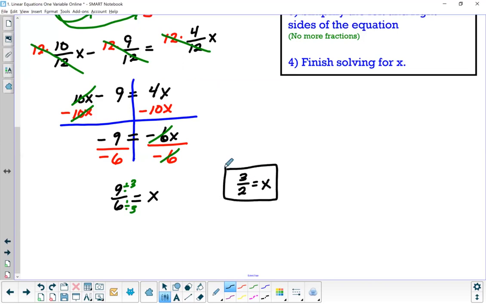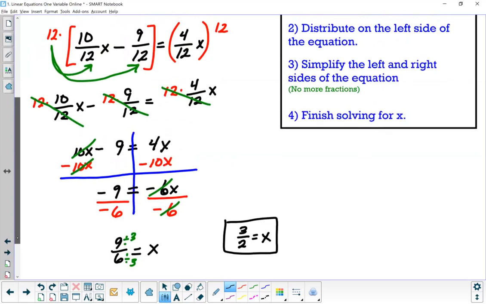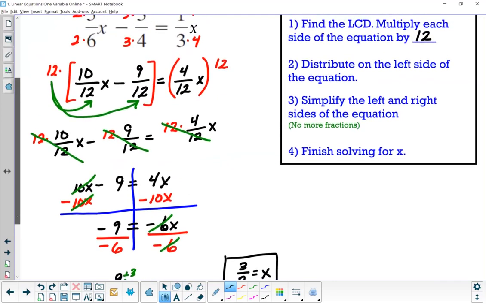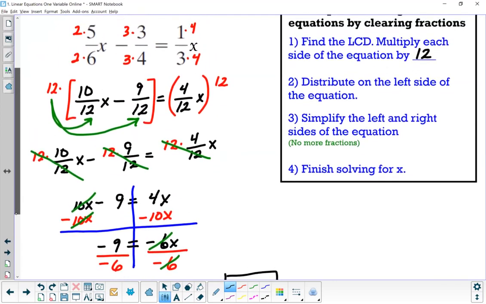All right, so let's just recap that. First thing I did was found the common denominator, which is 12. So then I multiplied each fraction by the necessary factors in order to get a common denominator of 12. Then I multiplied each side by 12 to clear the fractions.